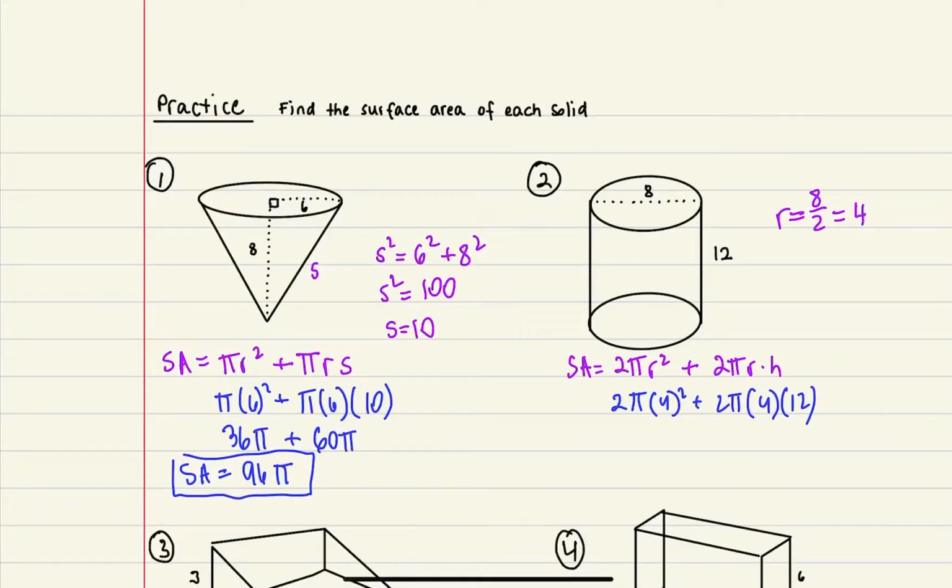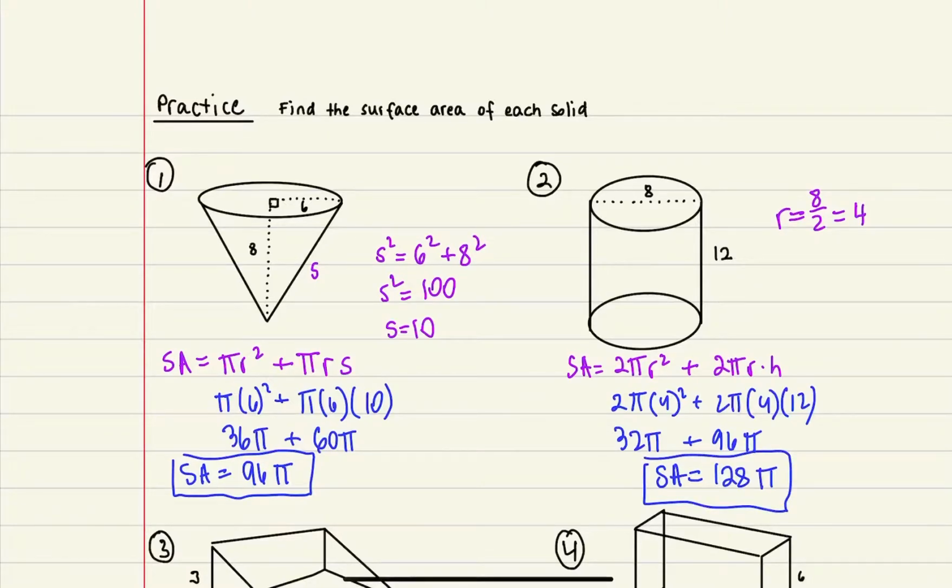This gives us 16 times 2 is 32 pi plus 2 times 4 is 8 times 12 is 96 pi. So it means that the surface area of this cylinder is going to be 128 pi units squared.